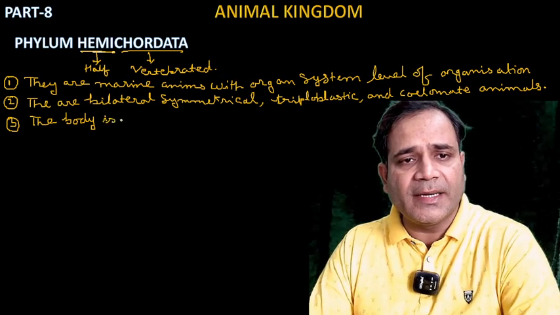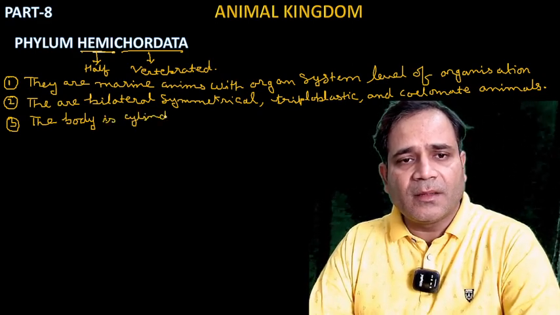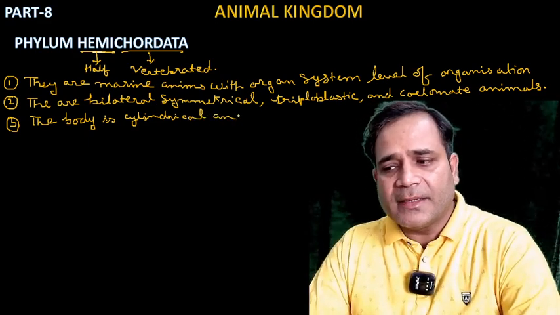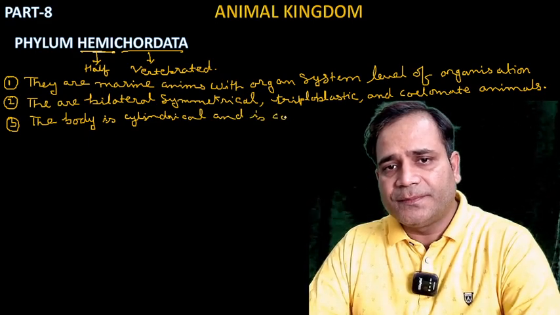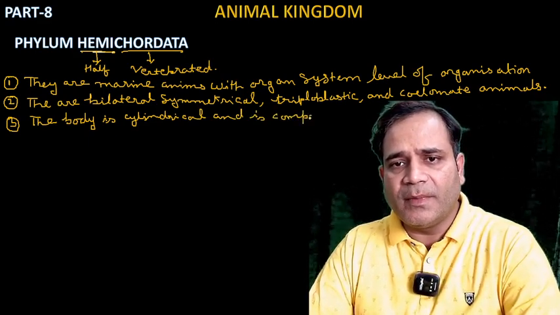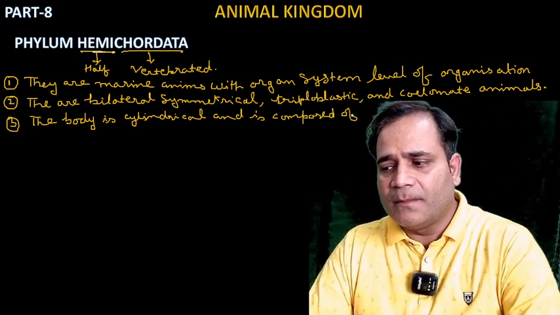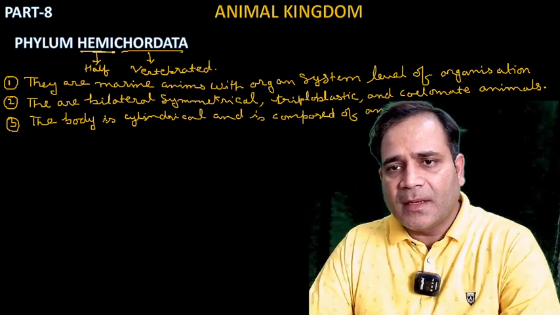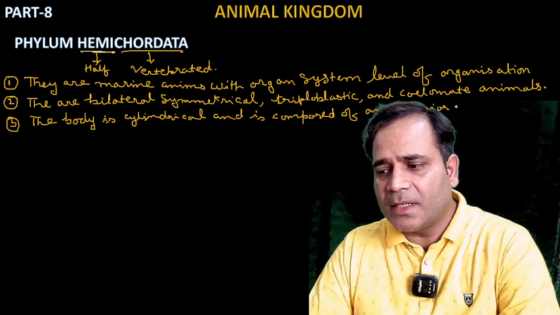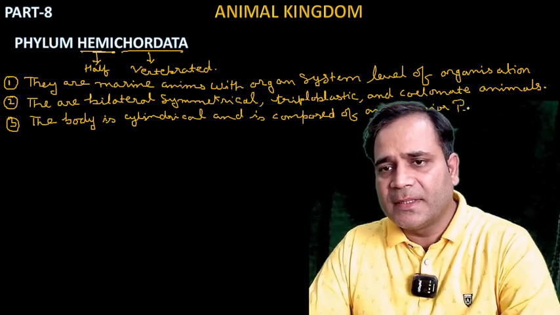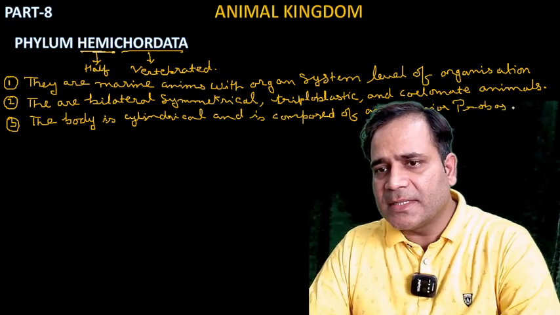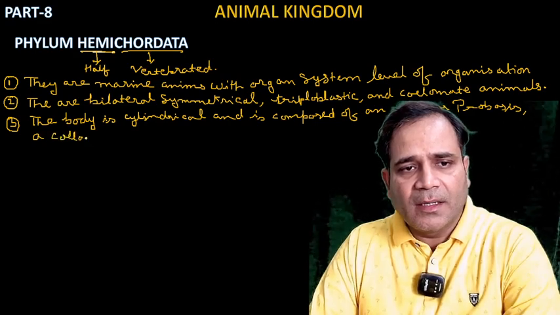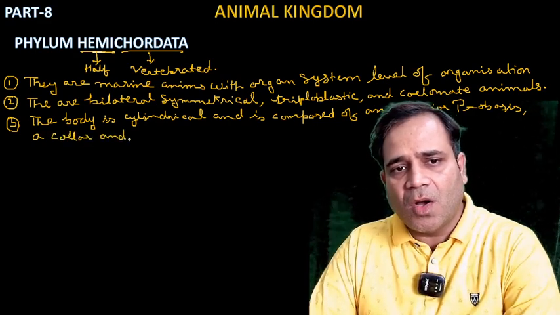The body is cylindrical and is composed of an anterior proboscis, a collar, and a long trunk, my dear.